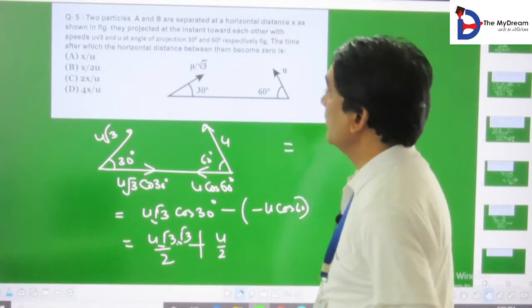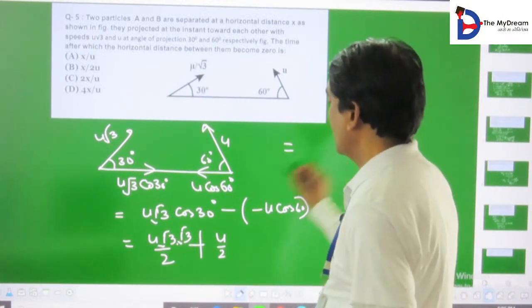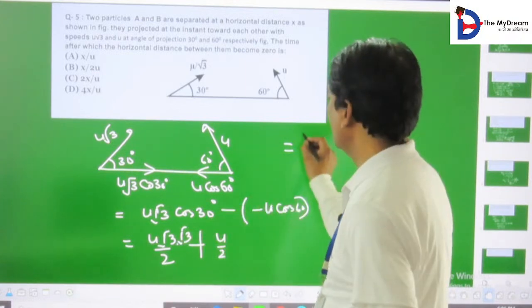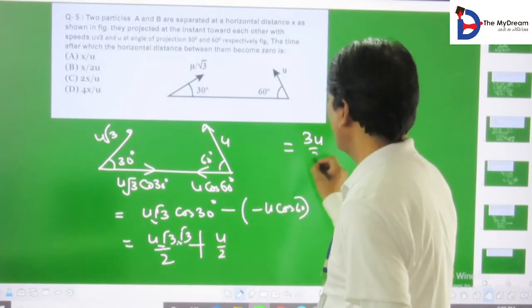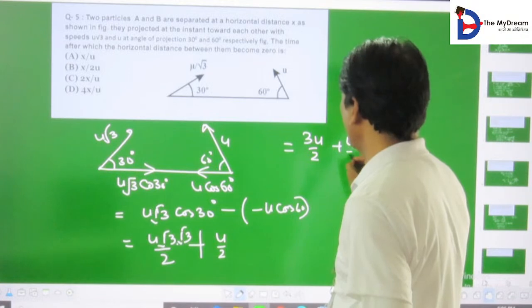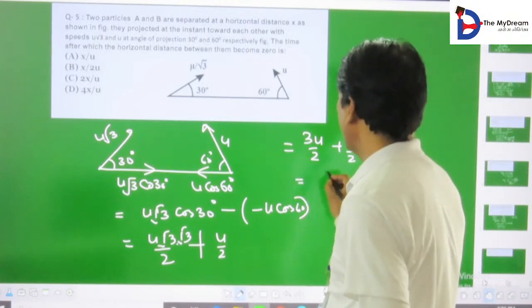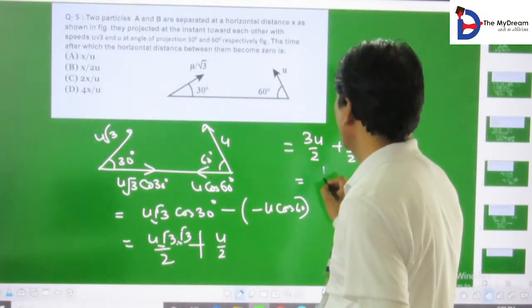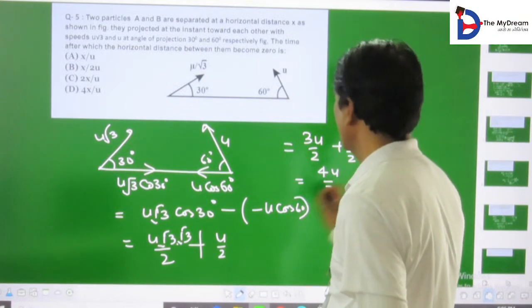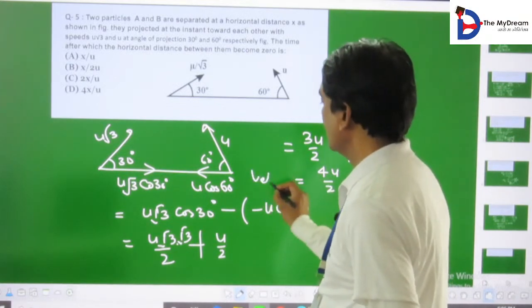So it will become √3 into √3, 3u by 2, plus u by 2. Then you will get 4u by 2. This is the velocity. Which velocity is it? This is the relative velocity.